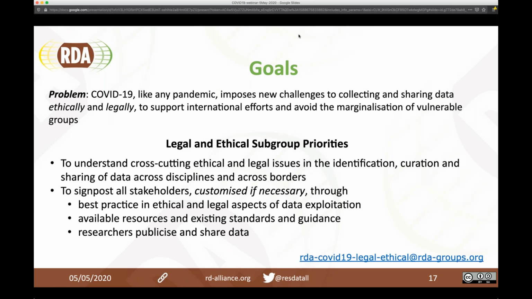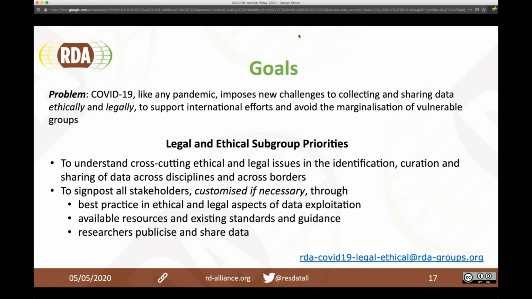And overall, the aim of the group is to pull together specific guidance and pointers to resources which are available for those working in this area, both policymakers and researchers, but also other stakeholders such as editors and funders.